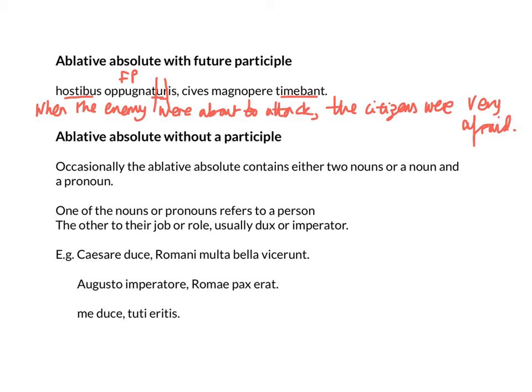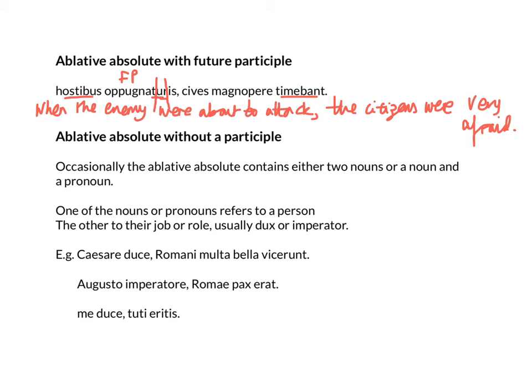Good, now you might remember at the beginning I gave you a few examples, and one of the examples I gave you was a little different to the others because it didn't have a participle at all. It had a pronoun and a noun. Now, just occasionally you find an ablative absolute which either uses two nouns or one pronoun and a noun.